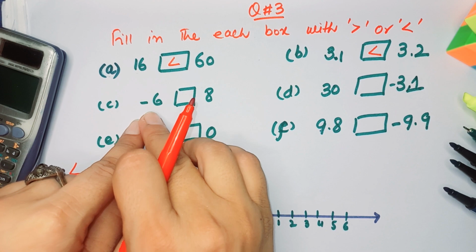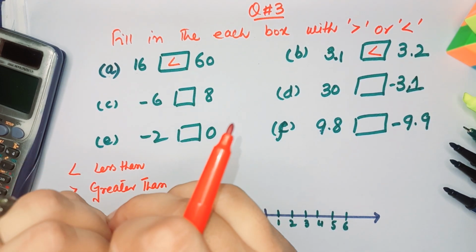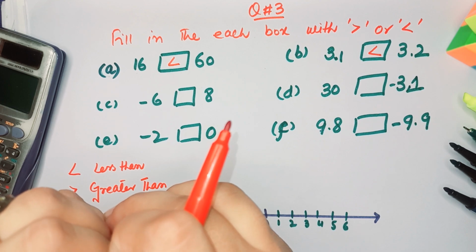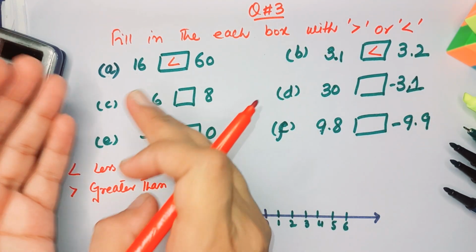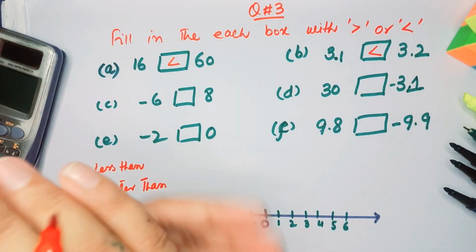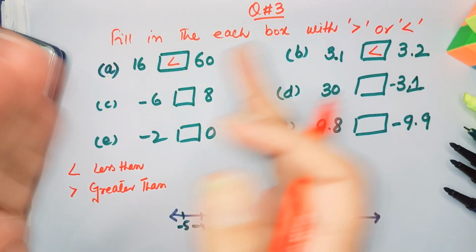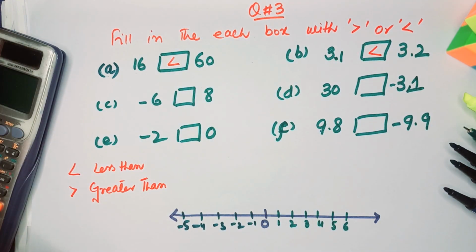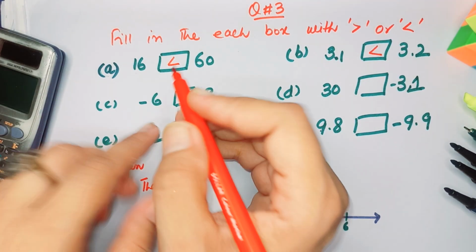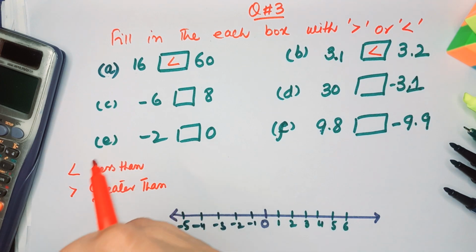Now the C part. One is a positive number and the other is a negative number. So dear students, a negative number is always smaller than a positive number because this number is in minus, like you can have a negative temperature in minus.